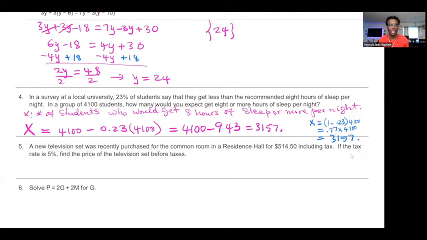So you need to find out what they ask you. Sometimes the question may be for you to find the number of students who did not get this amount of sleep, and while they give you the percentage, now you're not going to have to subtract. You need to pay attention to the question before you answer it.